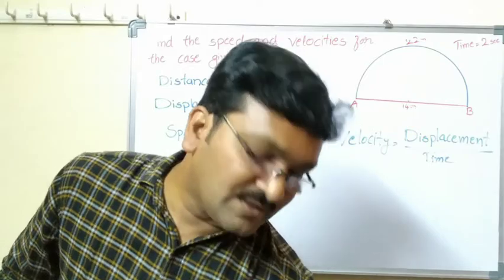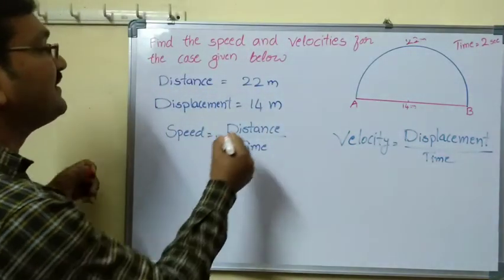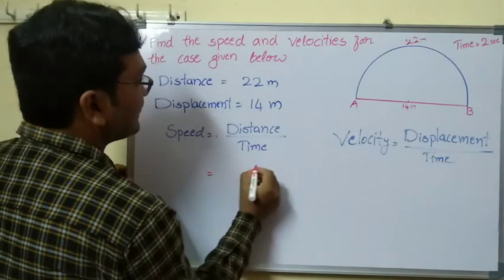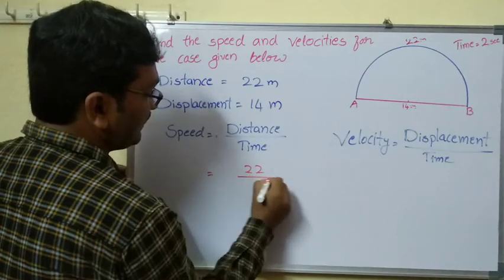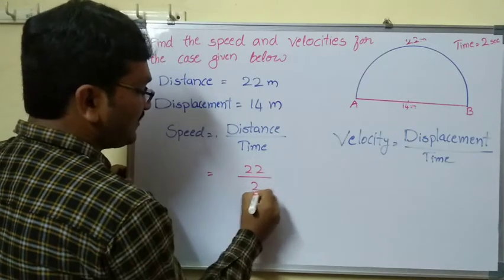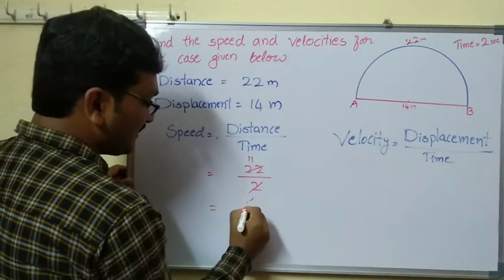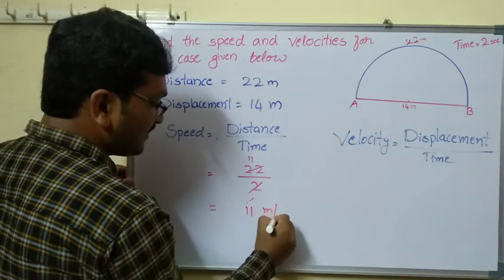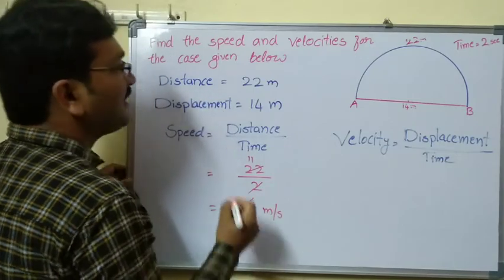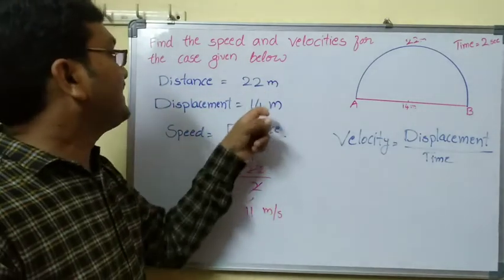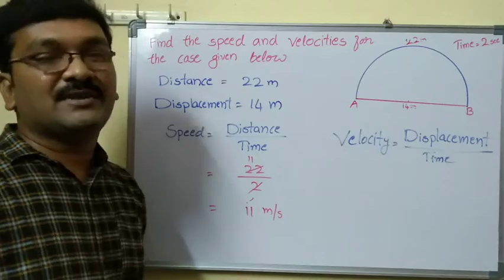Now I substitute the values. Distance is 22 meters and time is 2, so 11 meters per second, because I took the distance in meters and time in seconds.